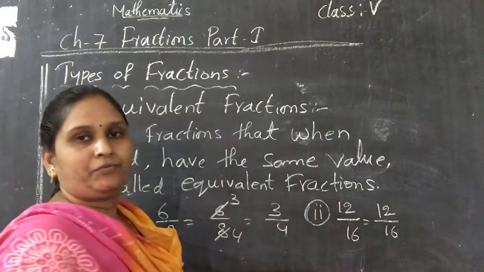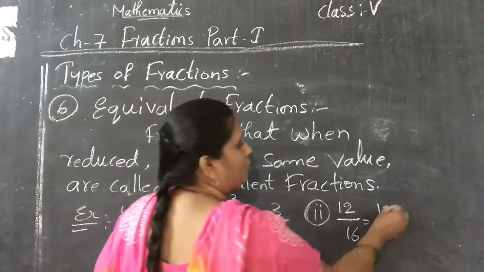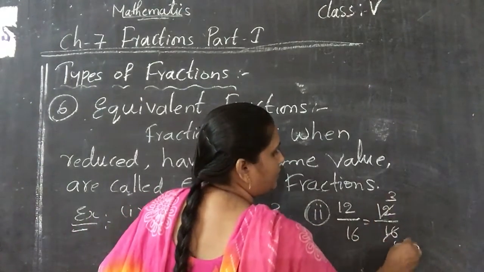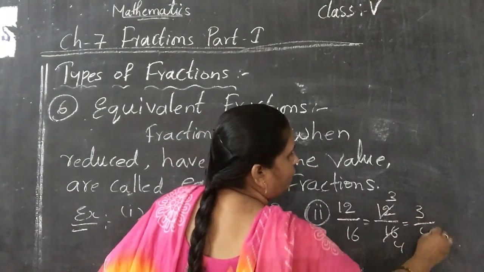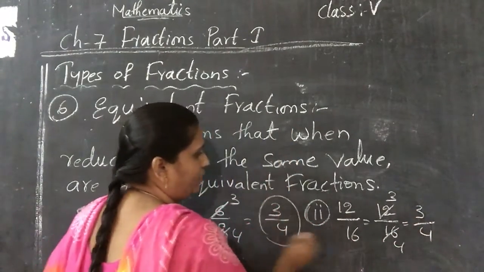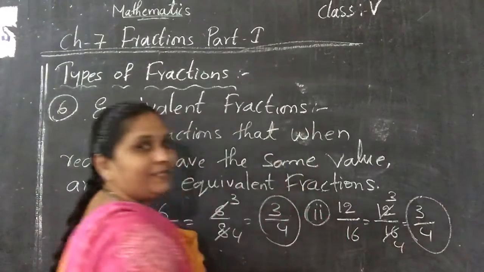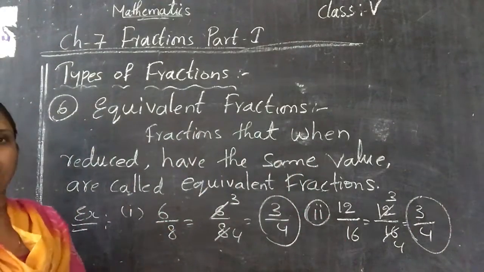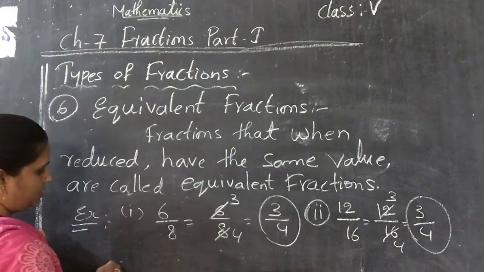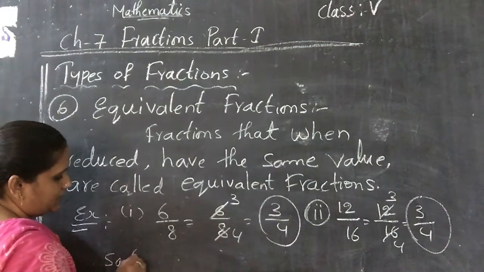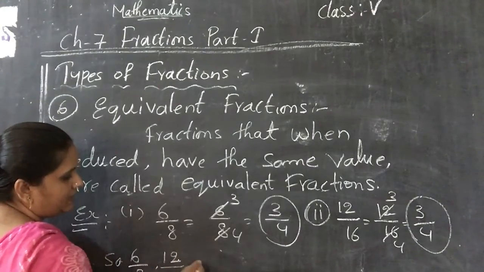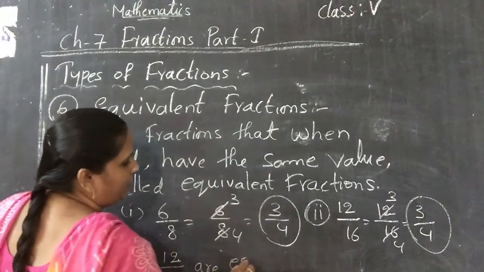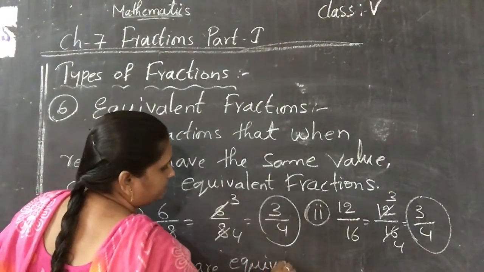If you use the 4 table, you can simplify this. 4 threes are 12, 4 fours are 16. 3/4. What is the answer we got here, children? After dividing, 3/4. It means 6/8 and 12/16 are equivalent fractions.